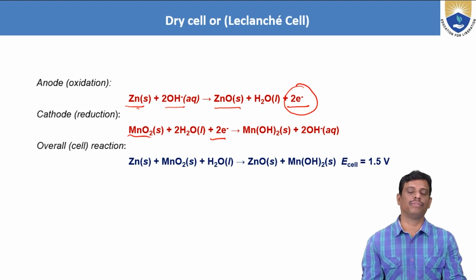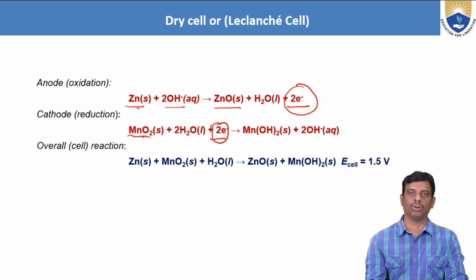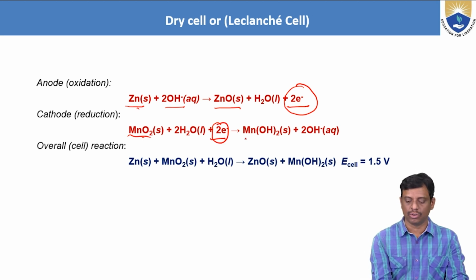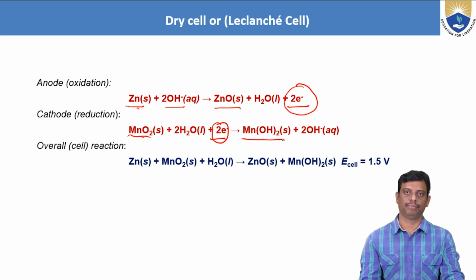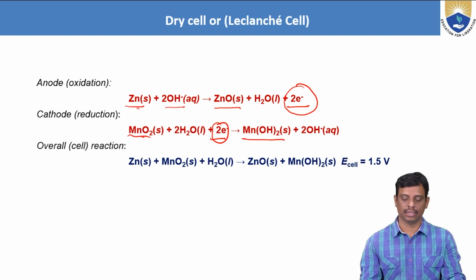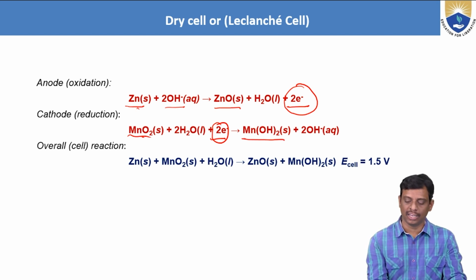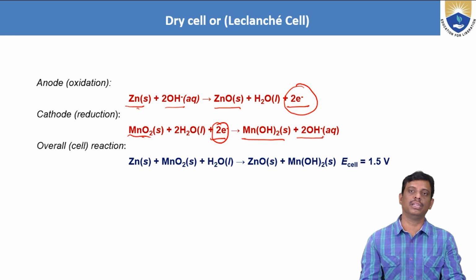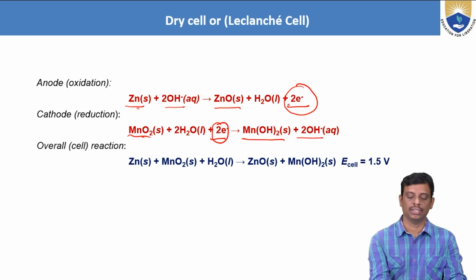At the cathode, the manganese oxide present in the electrolyte gains 2 electrons and is converted to manganese hydroxide. Again, the 2 OH minus ions are released and utilized to continue the oxidation reaction.